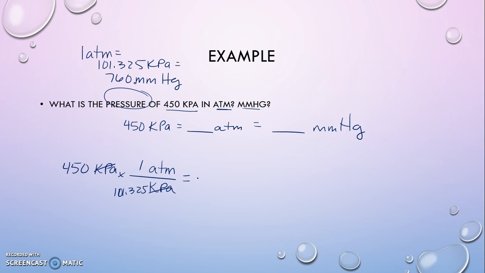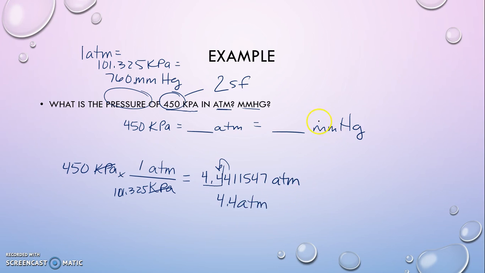So now we'll just solve. 450 times 1 divided by 101.325, and the calculator gives us 4.4411547 atm. How many significant figures do we want? Two significant figures. So 4.4 atmospheres.